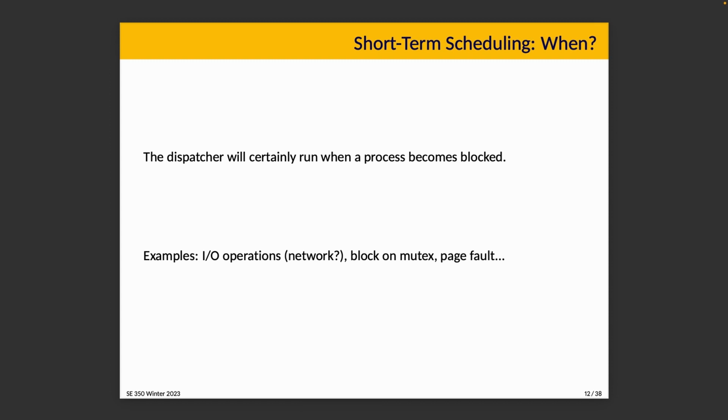When there's an I/O operation, maybe we're blocked on network, maybe it's something else. If there's a mutex, if there's a page fault, all these things are not new to us, and you can probably think of some more that don't appear on the list as causes for why our currently executing process might be blocked temporarily, waiting for something else.